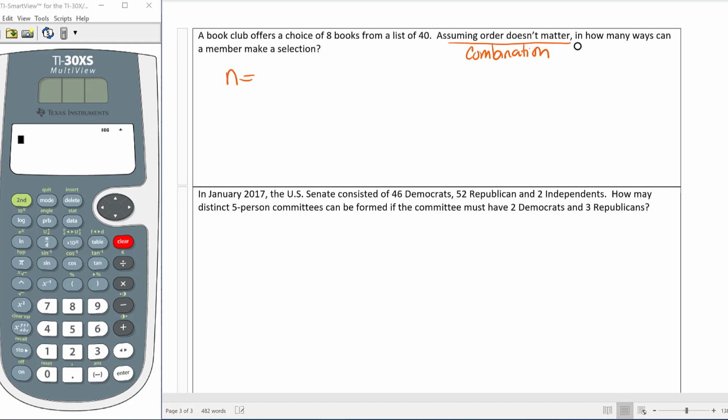I have n and r. The n is 40, and I'm choosing 8 from those. So we have our formula: 40 factorial over (40 minus 8) factorial times 8 factorial. That means we have 32 factorial on the bottom, which means we're going to have a long list here.